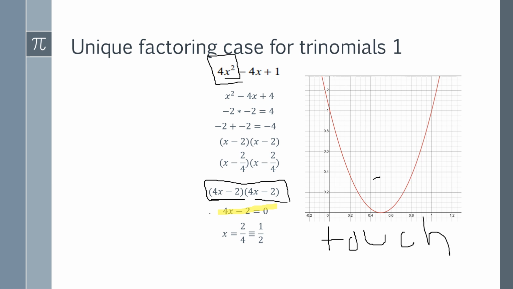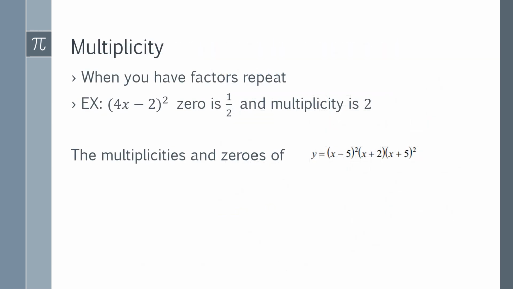So if that happens, that's that. And going on to multiplicity, when you have factors repeat, like this right here, you're going to have a 0 of 1/2, which is what we did, and a multiplicity of 2.